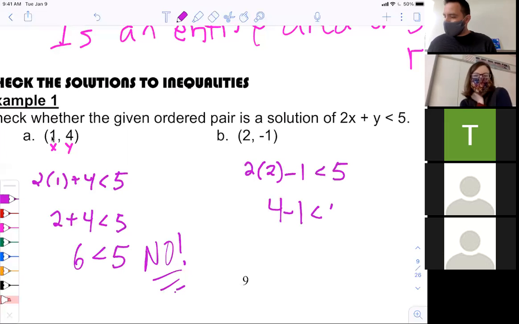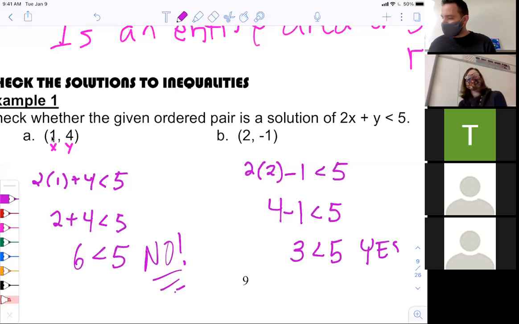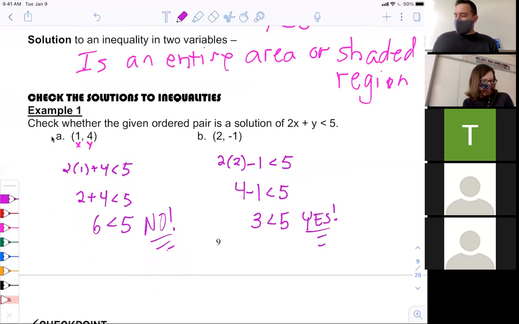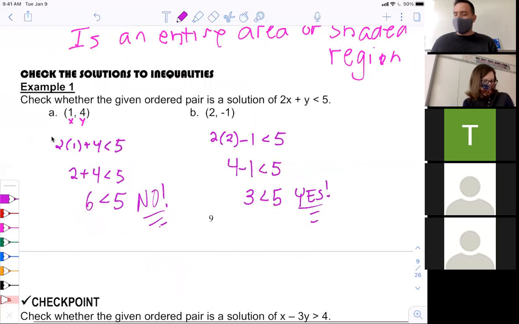And then, Bill, is this going to be a solution? Yeah. So that's how you check the solutions. We did those kind of for homework, but now we're plugging in 2 variables instead of just the 1.